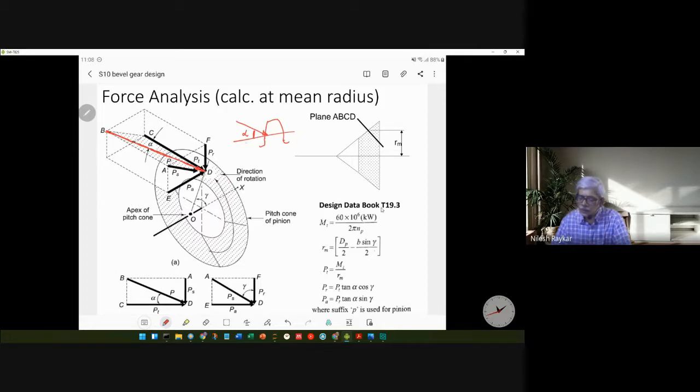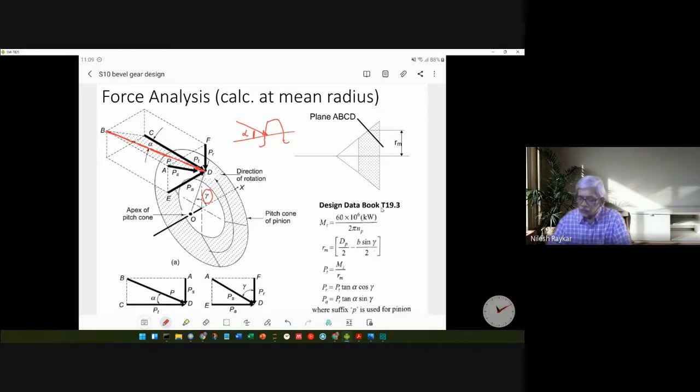So the pressure angle is the inclination of this red line with respect to the line CD, and it is also inclined because of the pitch cone angle. So this angle gamma also makes an inclination of this particular force.